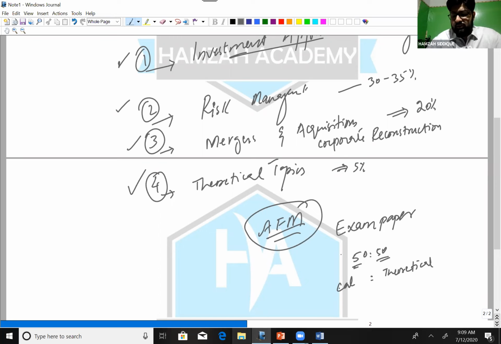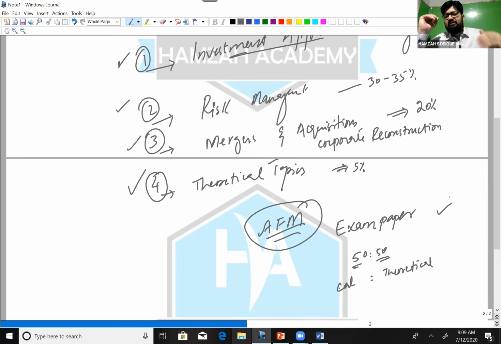So why do students fail their AFM? This is one of the major reasons. There are other reasons, but one of the major reasons is that they spend the whole time preparing calculations, and they don't spend time going through the theoretical aspect of the subject.